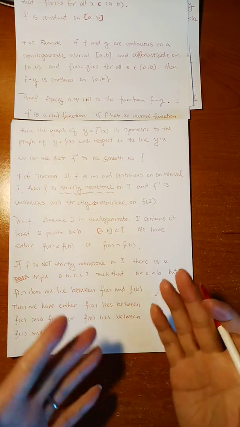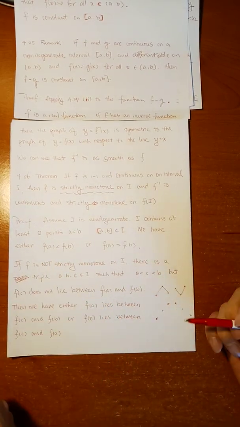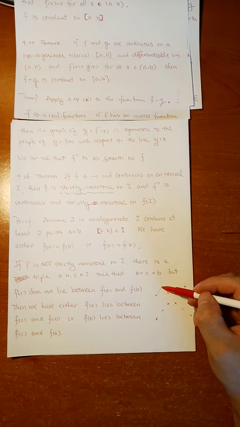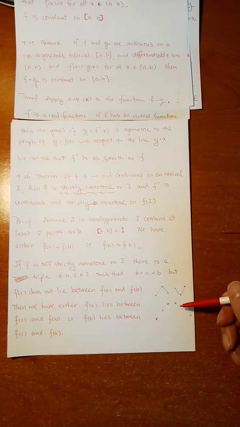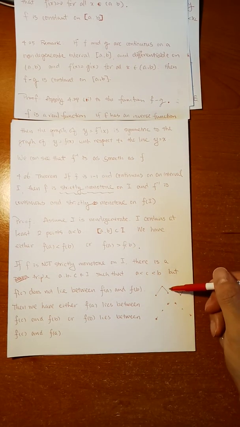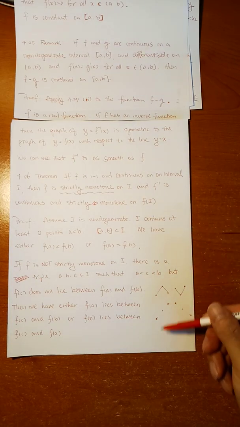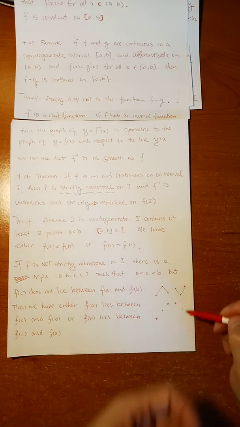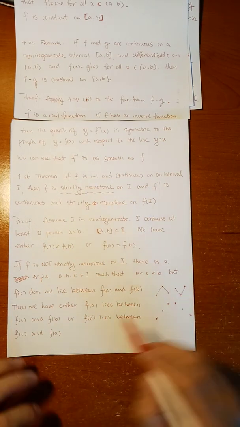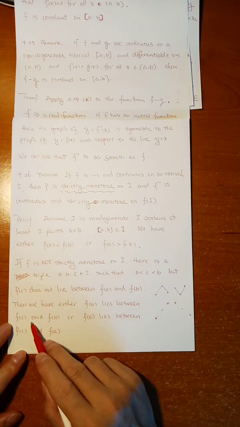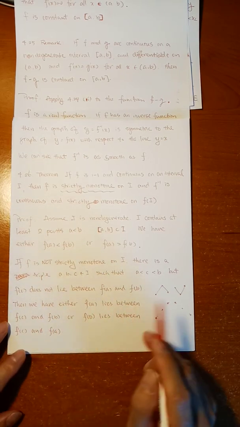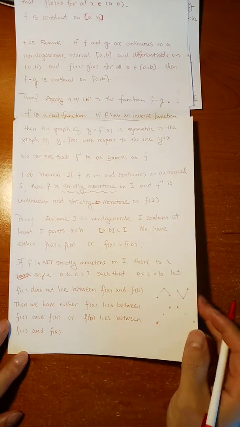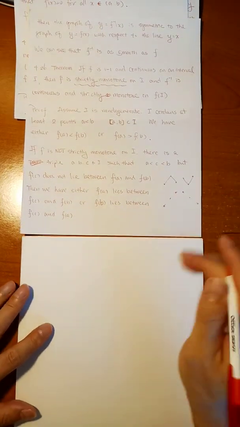So you do have the order. Either f(C) is above both of them or f(C) is below both of them. f(C) is not between, right? If it's above, you get one point between them, and if it's below, you still get one point between them. But these two cases are symmetric.